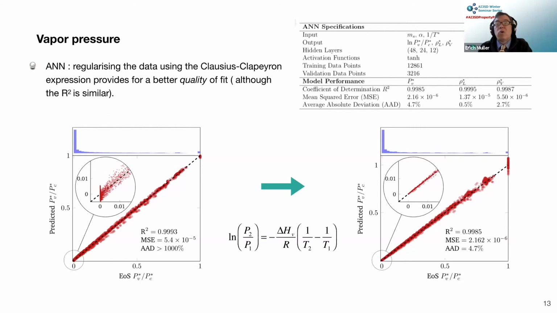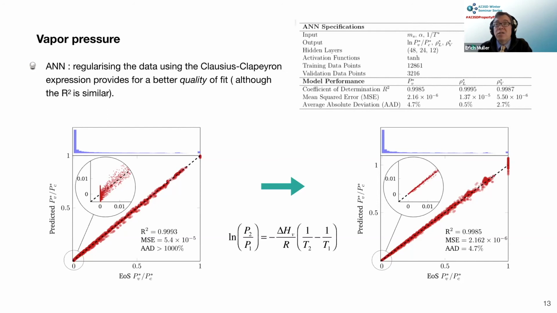And of course, a problem associated with this is that pressure in fluids spans an exponential range. Think of the vapor pressures of water, which go from 10 to the -3 bar all the way to several megapascals. So the range of the properties is very large.